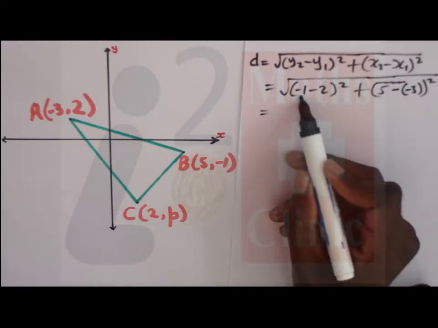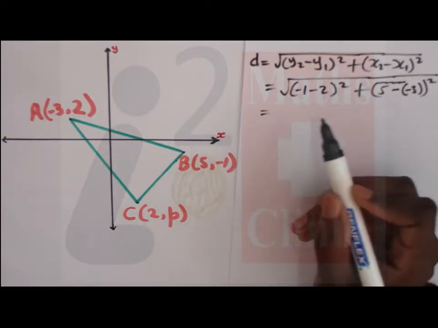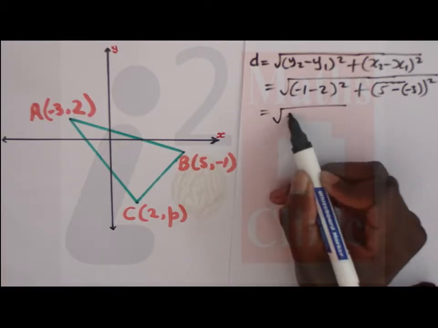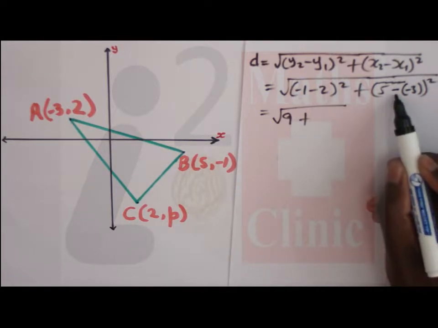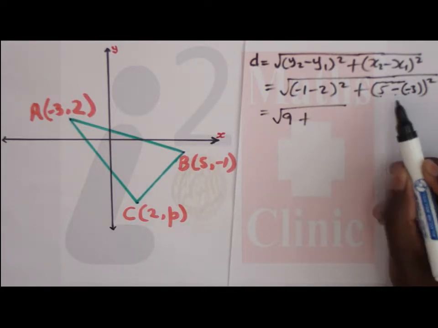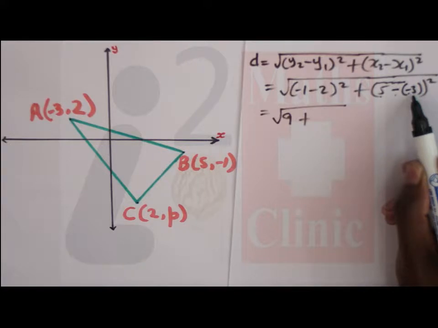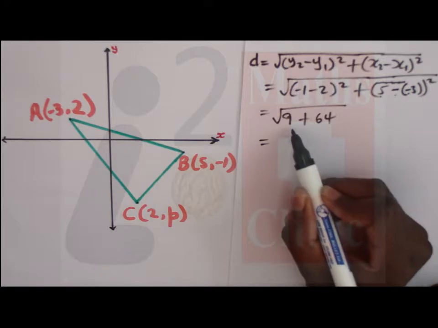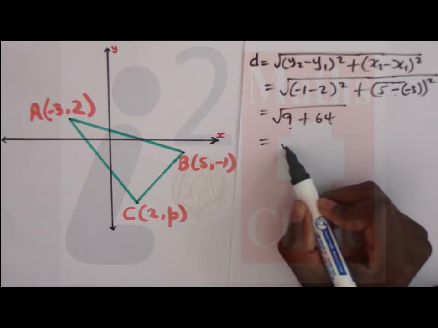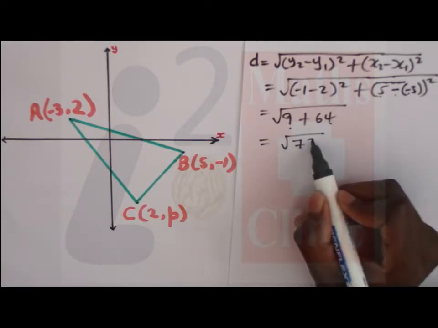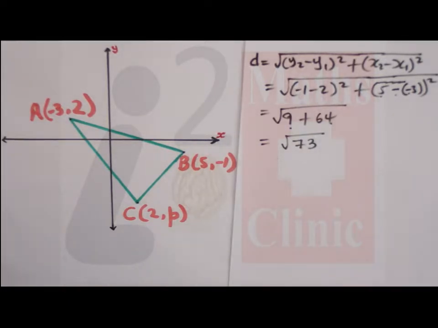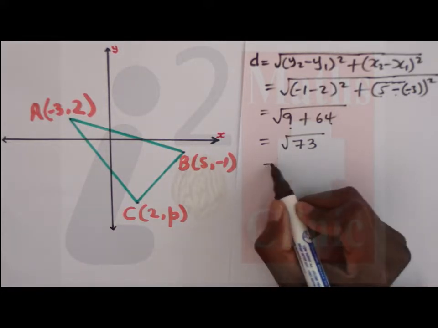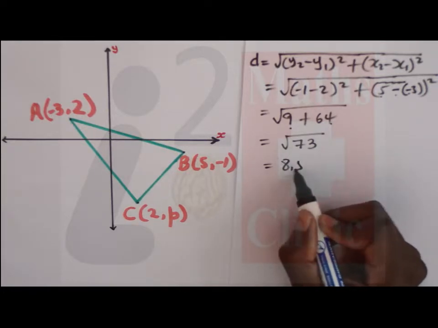Then this equals (-1 - 2) which is -3 squared, which is +9, plus (-5 - (-3)), negative times negative goes positive, so 5 minus 3... 8 squared is 64. And then 9 plus 64 is 73. So the answer is root 73, which is about 8.5.